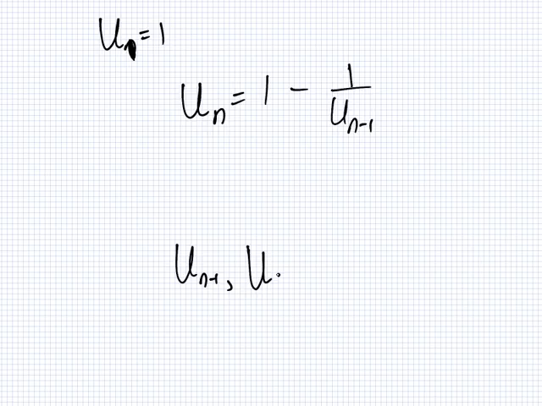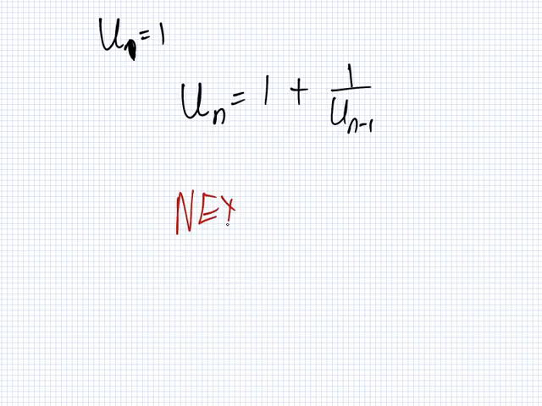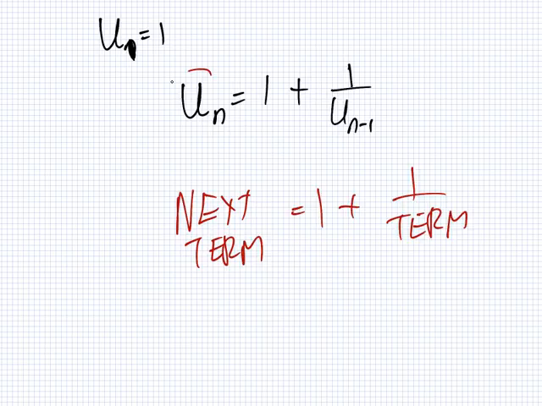The next one is un, and then the next one is un plus 1, and the next one is un plus 2. You get what I'm saying? Actually, I think I'll change this to a plus here. So it still means the next term equals 1 plus 1 over the term. This one comes after this one, so it's still the next term.